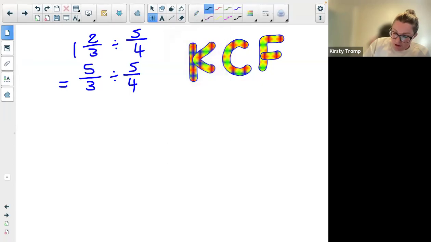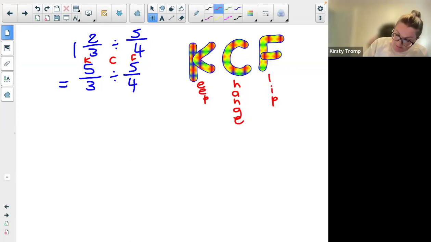If I'm going to go KCF, it means that I'm going to do the following. K, I am going to keep. C, I'm going to change. And F means I'm going to flip. So keep, change, and flip is what I'm going to be doing.